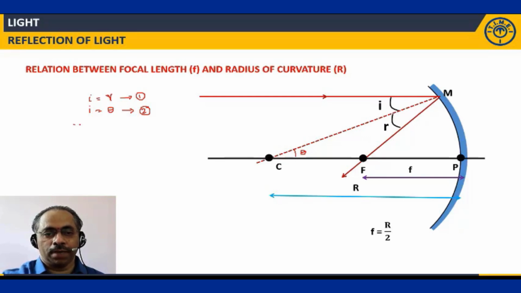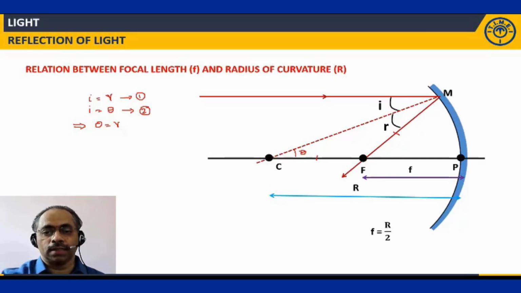Yes or no? So it implies that theta is equal to r. Now if I consider the triangle CFM, in that particular triangle I have theta equal to r, which implies that the side CF of the triangle CFM is equal to the side FM of this particular triangle. Why?